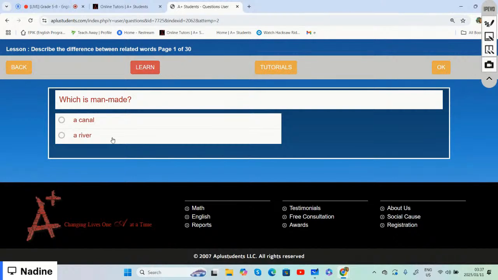So we need to identify the one that is man made. So man made, a canal or a river.